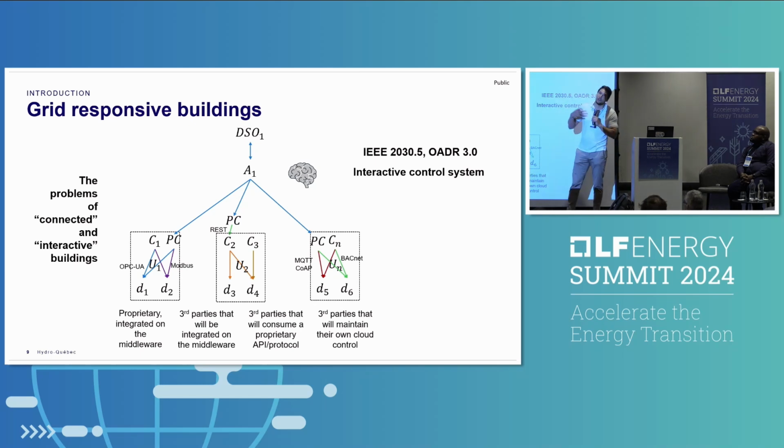And when you are a utility, you need the response in the specific area, at the specific moment that you need it. And some of these don't allow that kind of granularity. They sell everything as a block, okay? So it's not answering the needs of the utility. So this is what you face when you try to develop a control system that wants to integrate the devices that already exist on the system.